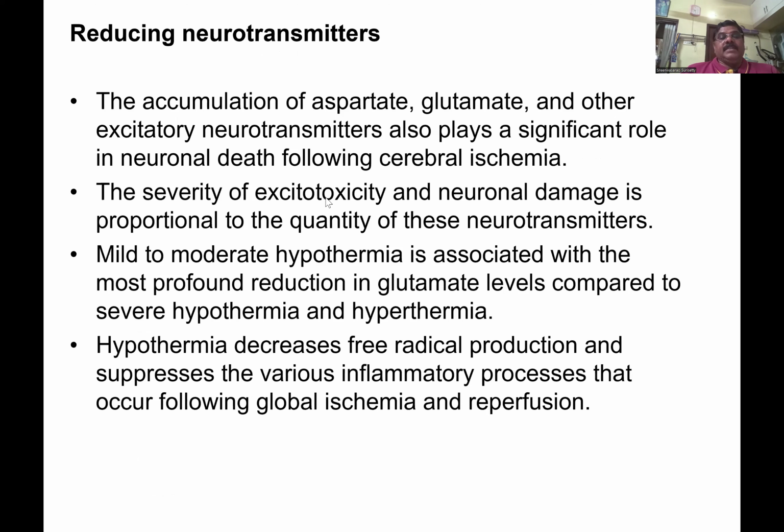The severity of the excitotoxicity and neuronal damage is proportional to the quantity of these neurotransmitters. If aspartate, glutamate, and other neurotransmitters are more, they will increase the excitotoxicity of the neurons. Mild to moderate hypothermia is associated with the most profound reduction of glutamate levels compared to severe hypothermia.